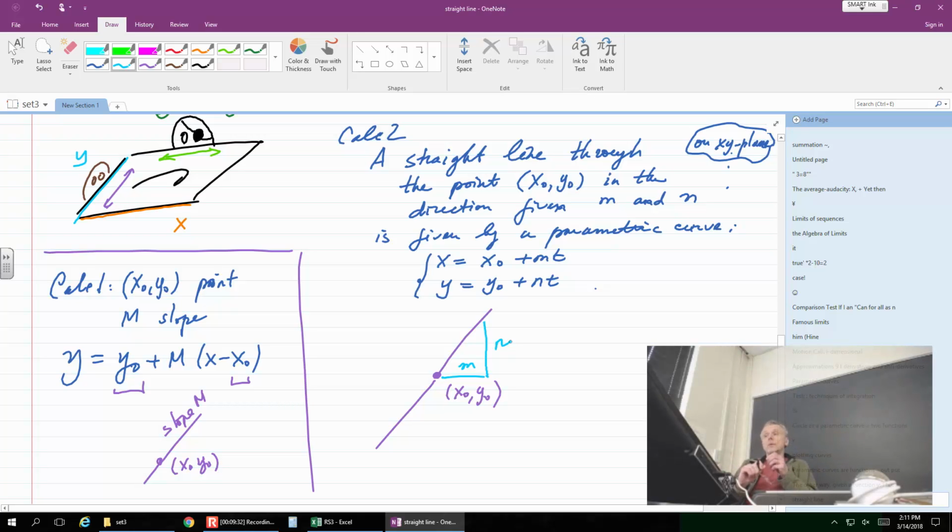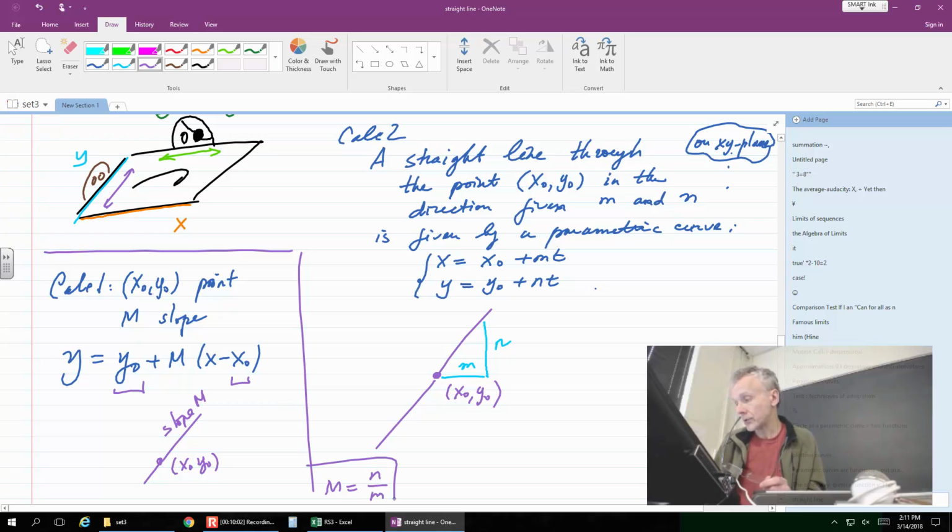So what's the relation between capital M and lowercase m and n? Capital M is equal to n over m.